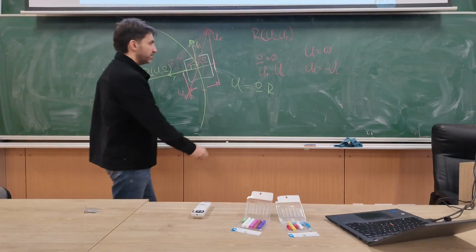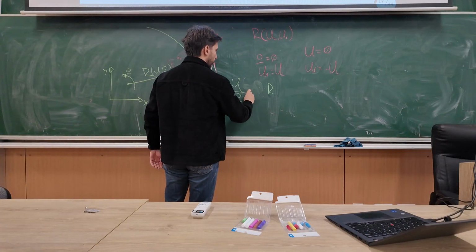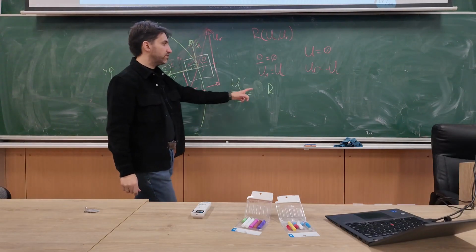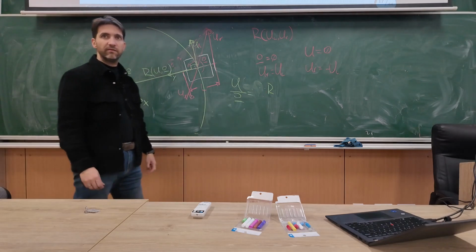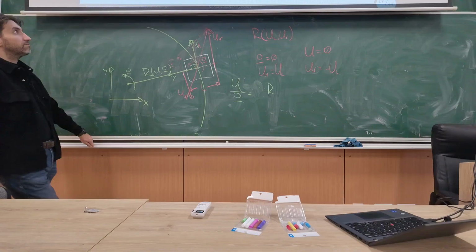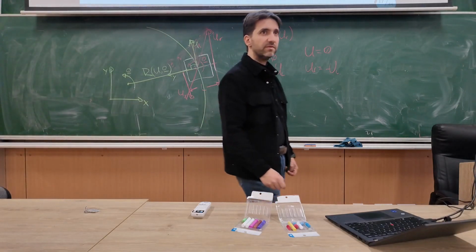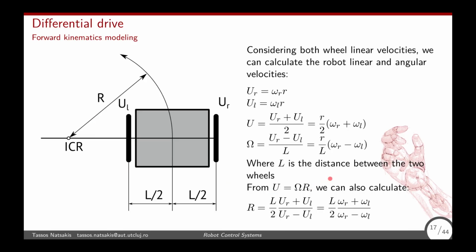So this is the way I calculate R. If this is 0, this is 0. If this is 0, this is infinite. Okay, that's it. Simpler math. So from this equation, we can calculate R as this quantity.